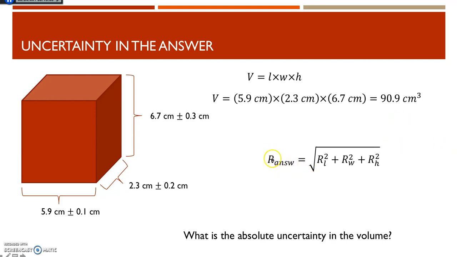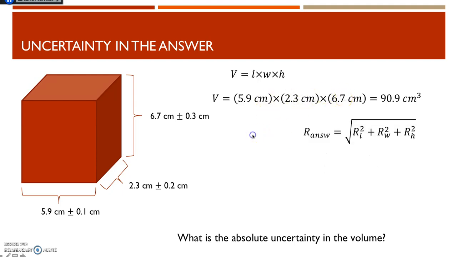We can find the relative error in the answer by using the relative errors in each of the pieces squared. Right? So the same way that we used absolute errors in the last problem, we're using relative errors here. And that means we have to find the relative error of each of these measurements first. Okay, so here I've got the relative error in the height.